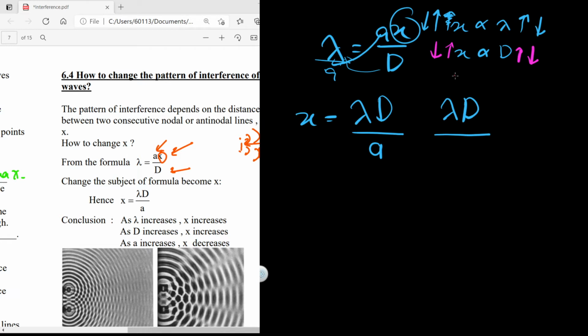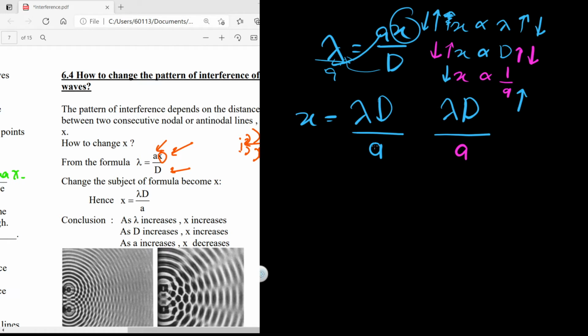But for A, X is inversely proportional. As you can see here, A is the denominator of the quotient, on the lower part of the line. So in terms of relationship, X is inversely proportional to A. When A increases, what will happen to X? X will decrease.